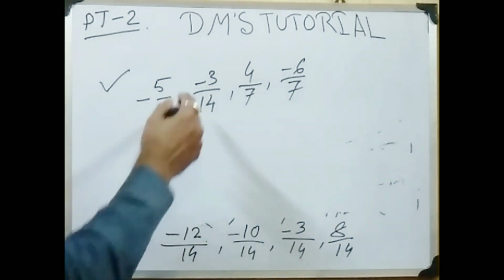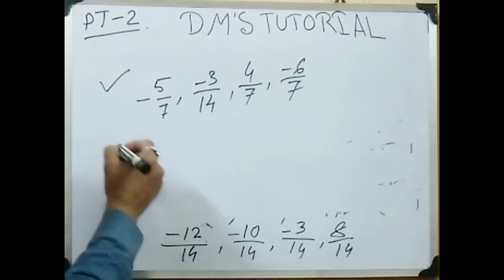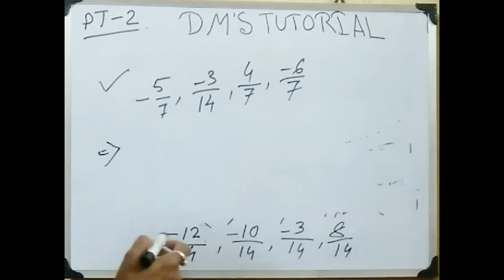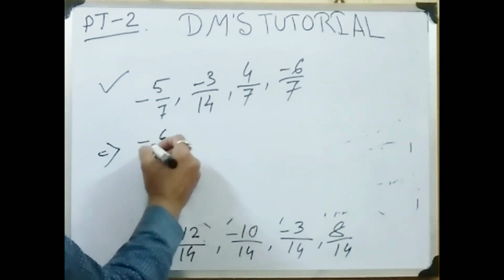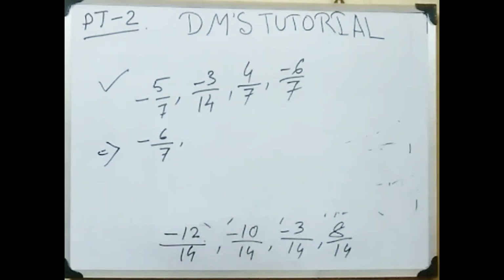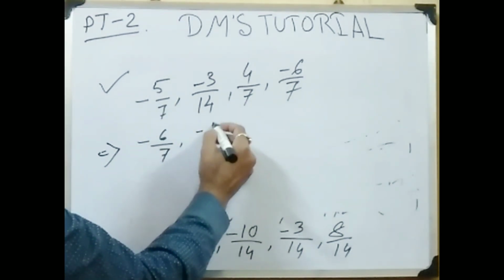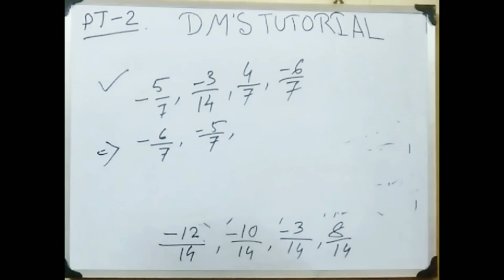Comparing these to the original fractions, we write the numbers in their original form. Minus 12 by 14 is minus 6 by 7. Minus 10 by 14 is minus 5 by 7.